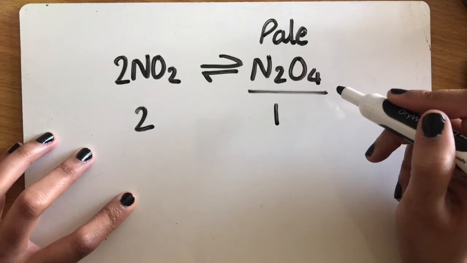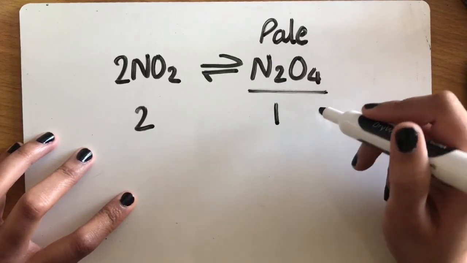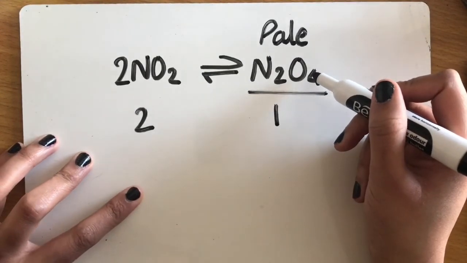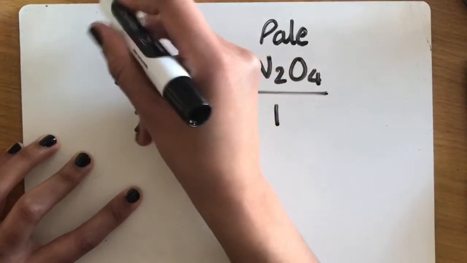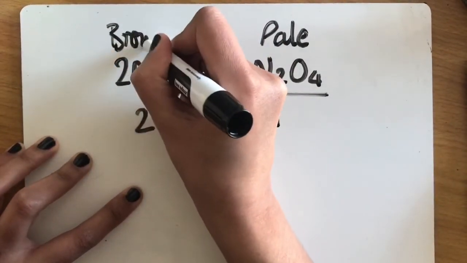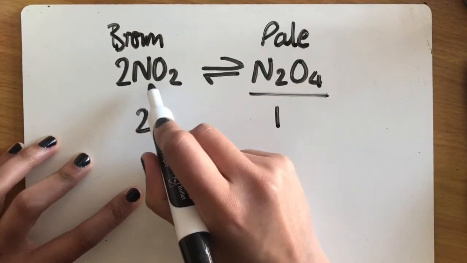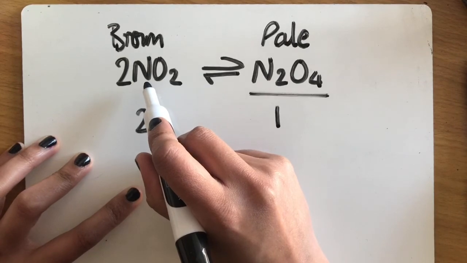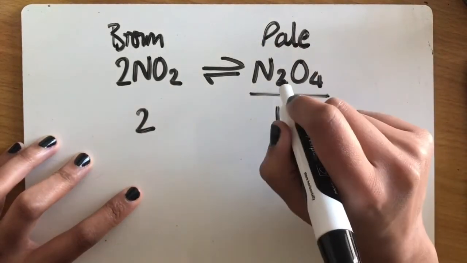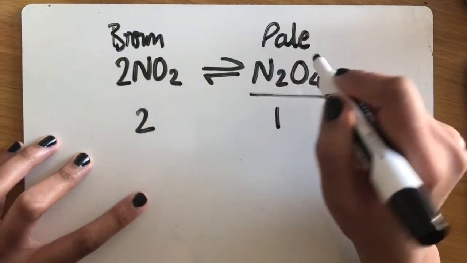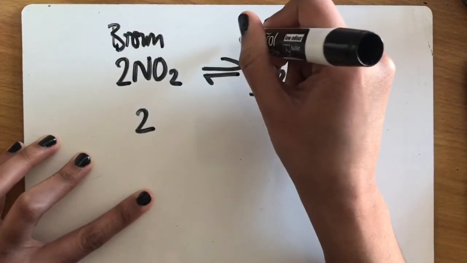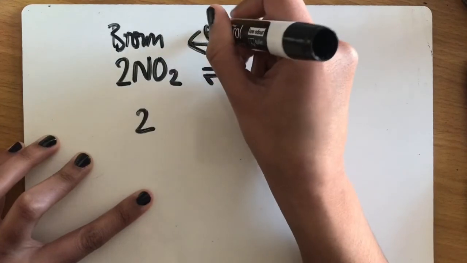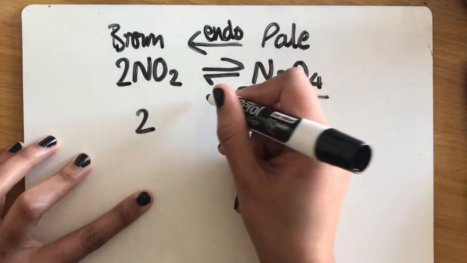When the syringe is placed in a hot oven, the mixture becomes darker in colour. Now, if we've just worked out that this is pale, then this would have been the brown compound in the reaction. And so when the syringe is placed in a hot oven, if you're increasing the temperature and it's shifting that way, that means that would have been the endothermic direction.